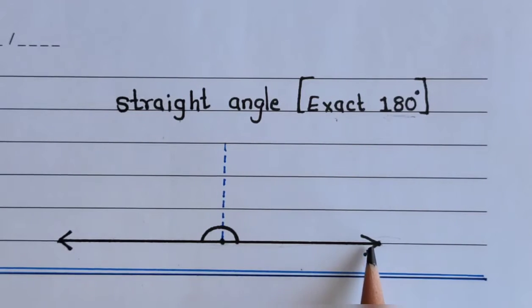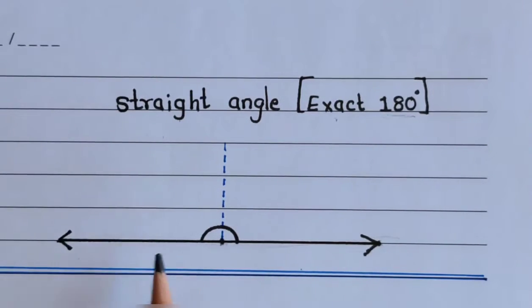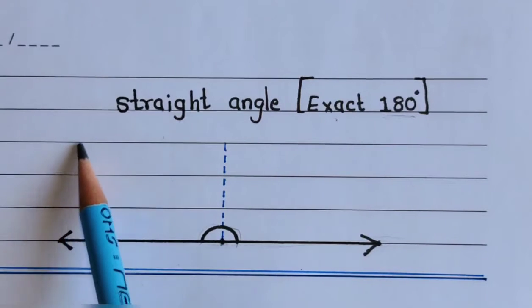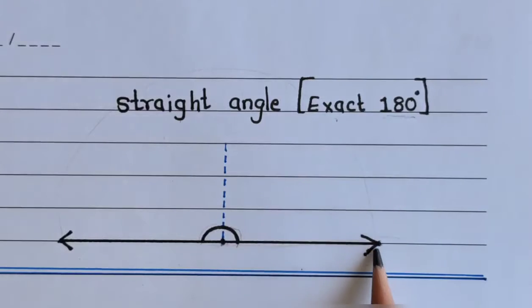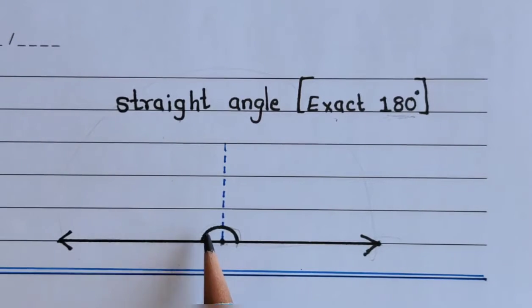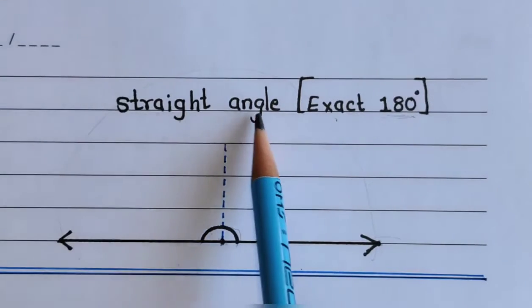So if the arms of the given angle form a straight line facing opposite to each other, this is the right side and this is the left side, exactly opposite to each other, then these are called straight angles. When you measure them, they complete the whole protractor. That is the 180-degree angle, and when it is forming 180 degrees, these angles are called straight angles.